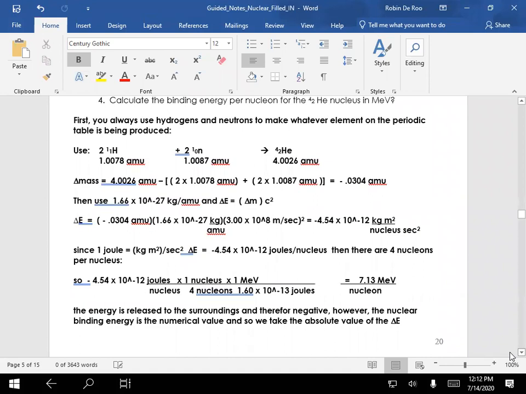So the energy is released to the surroundings and is therefore negative. However, the nuclear binding energy is the numerical value, and so we take the absolute value of the delta E.